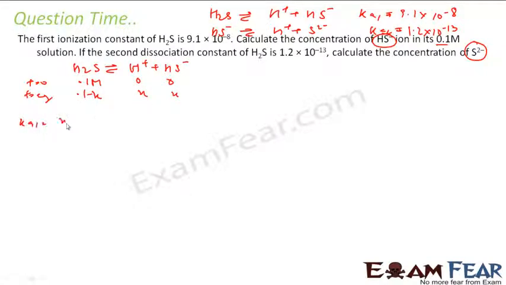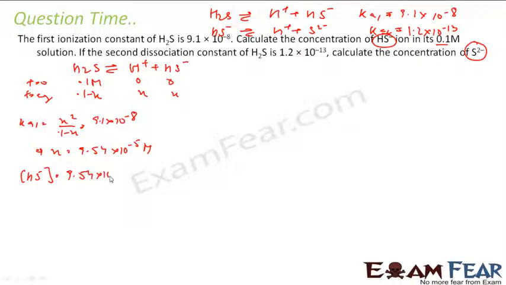Ka1 is x square by 0.1 minus x, and that value is given as 9.1 into 10 to the power minus 8. You solve it, you get x equal to 9.54 into 10 to the power minus 5. Thus, the concentration of HS minus is nothing but x, so the concentration of HS minus is 9.54 into 10 to the power minus 5.